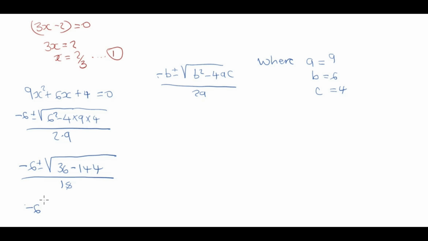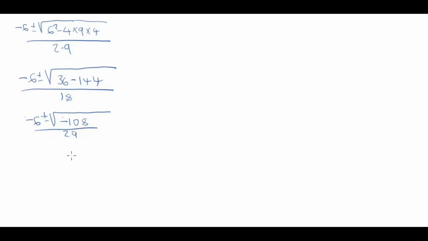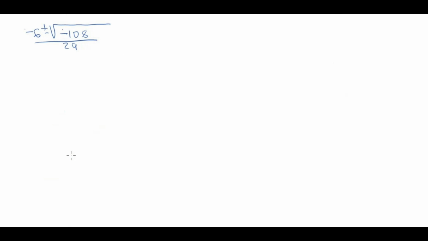So it's negative 6 plus or minus the square root of 108 over 18. Since there is a negative there, we can express this as negative 6 plus or minus the square root of negative 1 times the square root of 108. For us to really work out this equation, 2a is 18. So it can be written, let i be equal to the square root of negative 1.